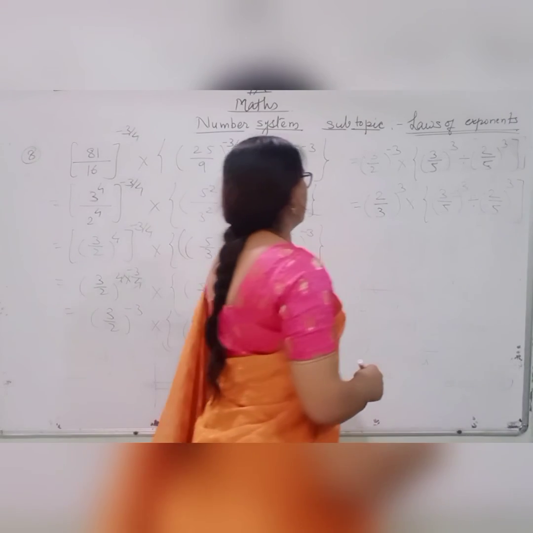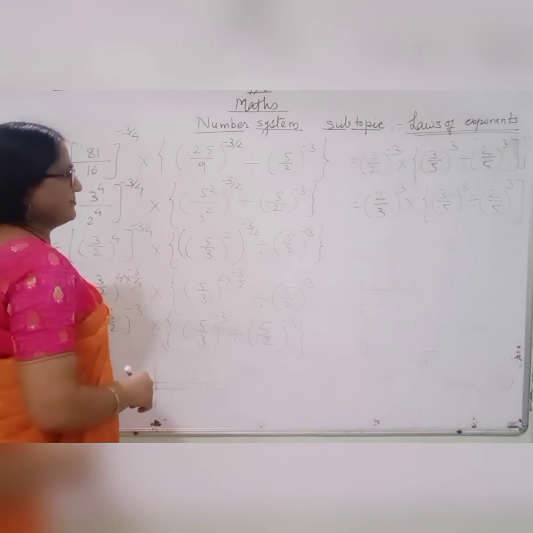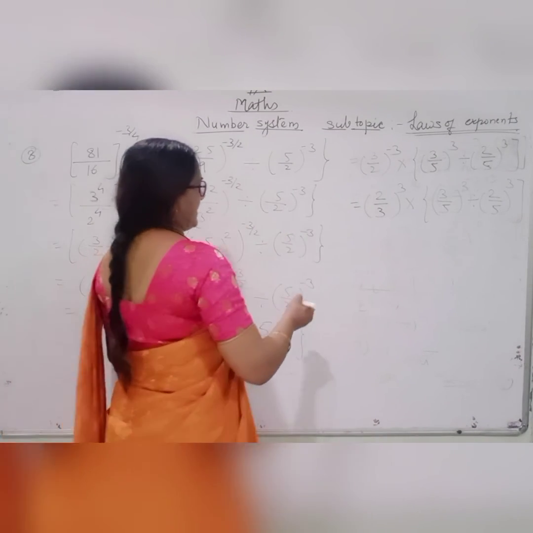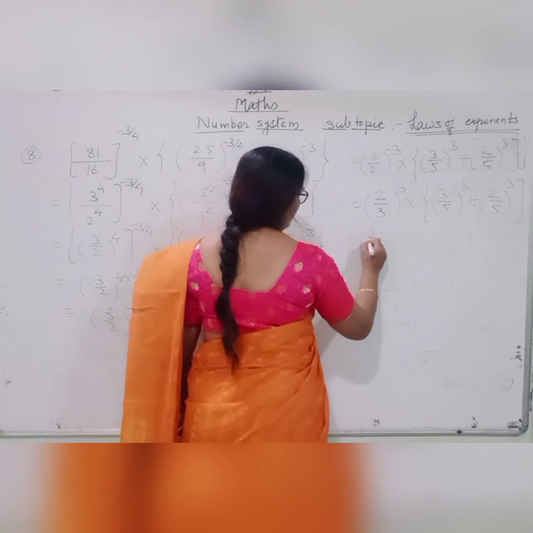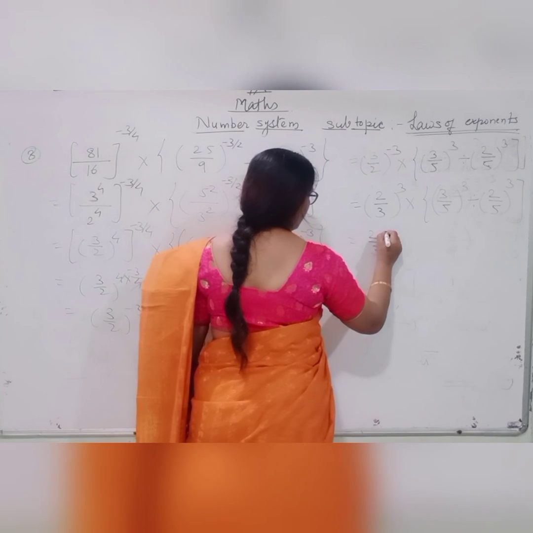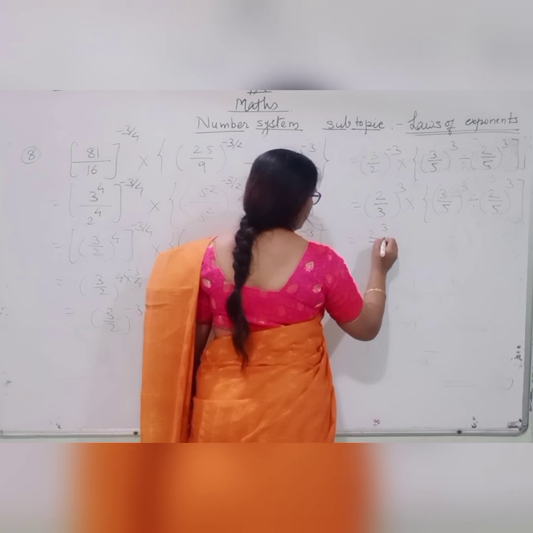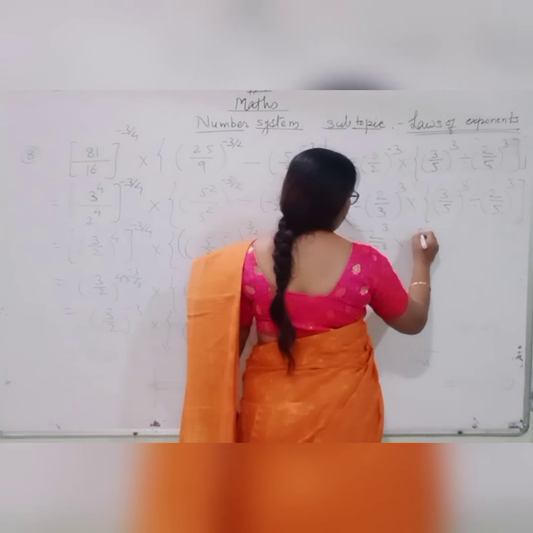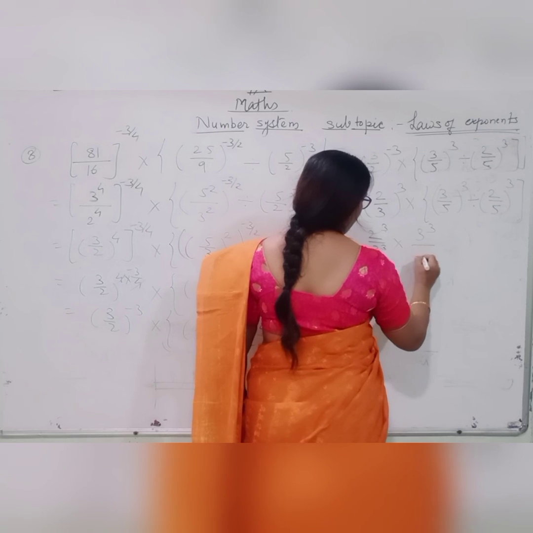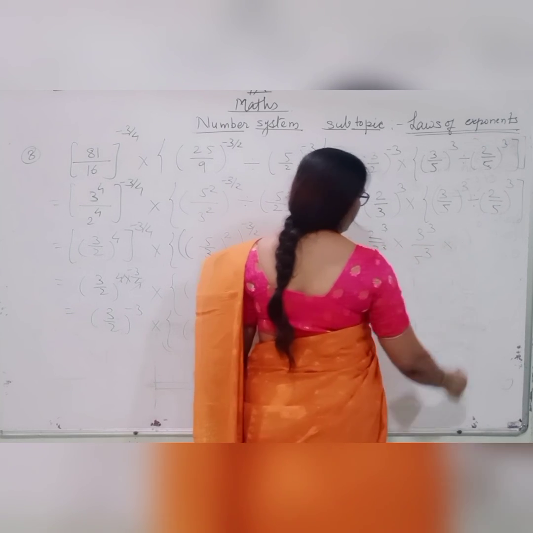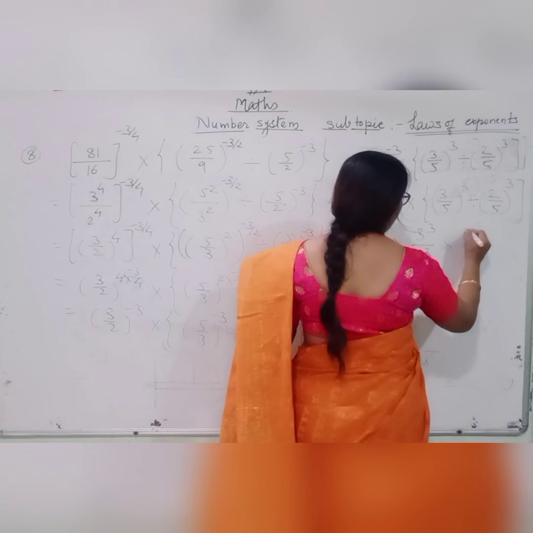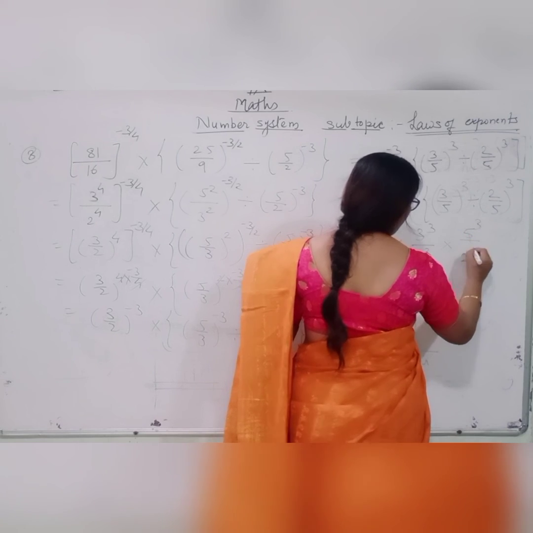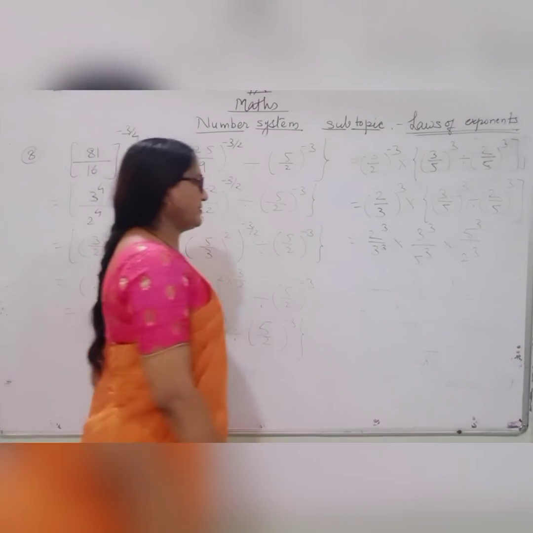Is that clear? What I am doing here is equal to 2 by 3, or like this, multiplied by 3 cube divided by 5 cube, multiplied by 5 cube divided by 2 cube. Take the reciprocal of this.